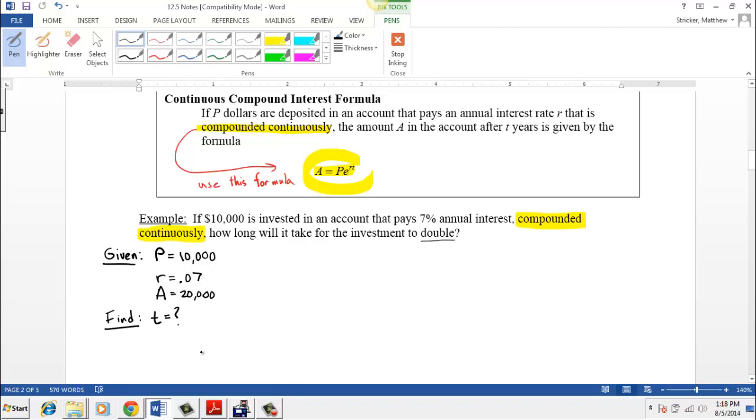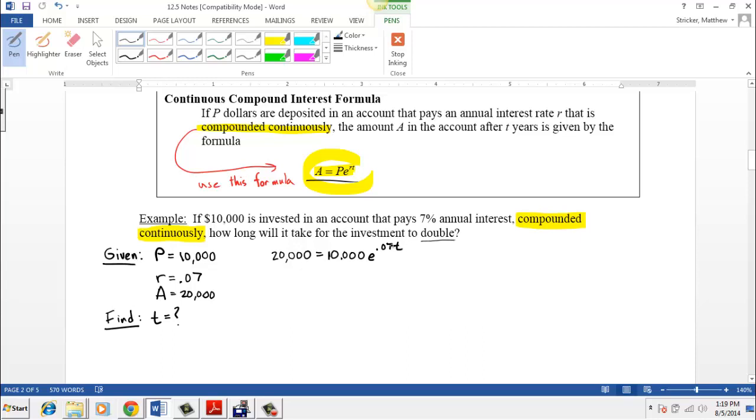So we can go ahead and write this information in this formula, and we see that 20,000, A would be equal to P, which is 10,000, times e to the R, which is 0.07 times T.